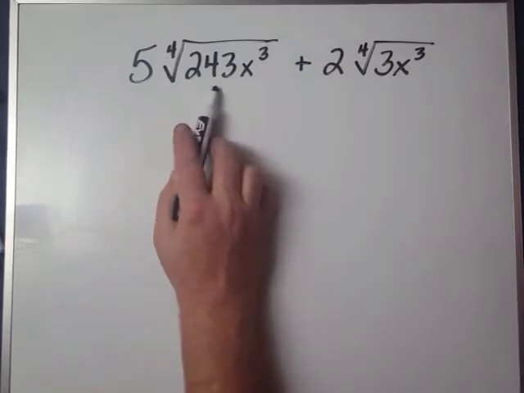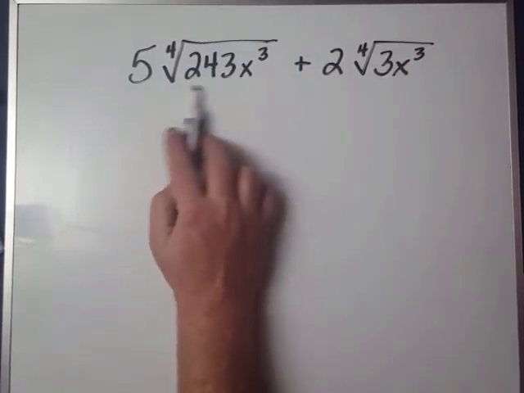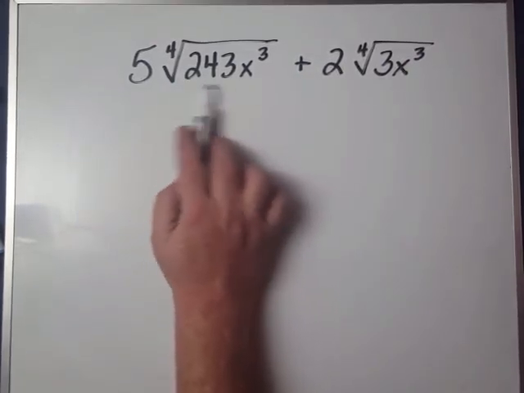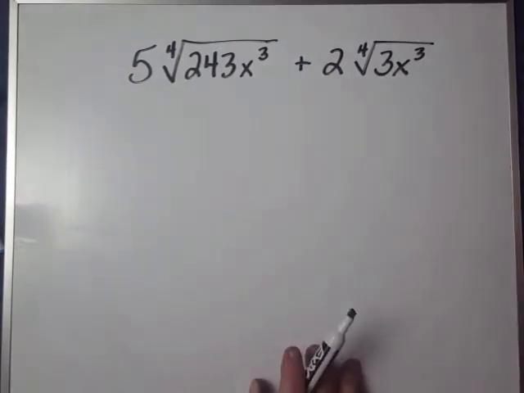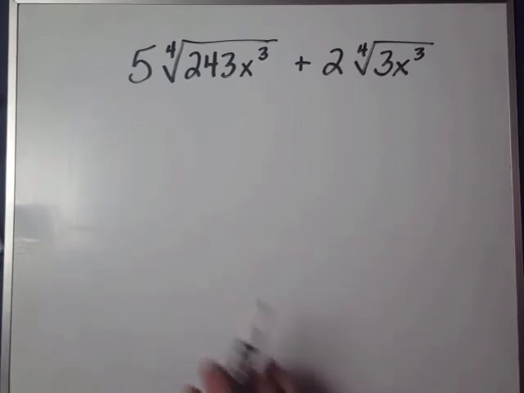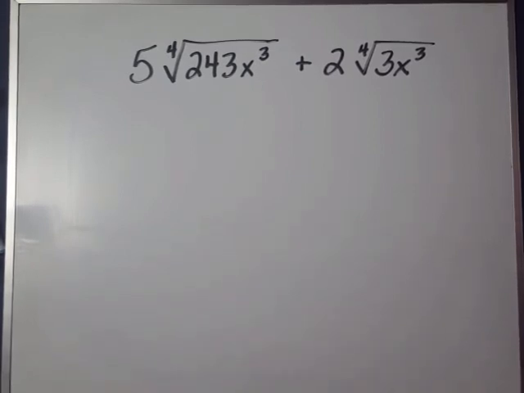The number 243 should look familiar to you. That should jump out at you and say, hey, look at me. That's all I'm going to say about this one. I'm going to let you pause the video here and come back when you're done and we'll compare answers.